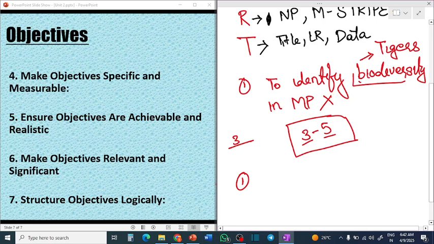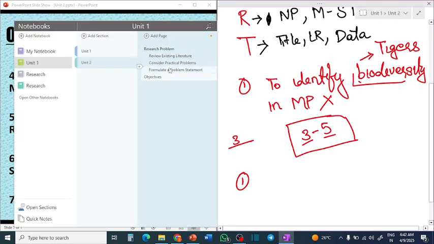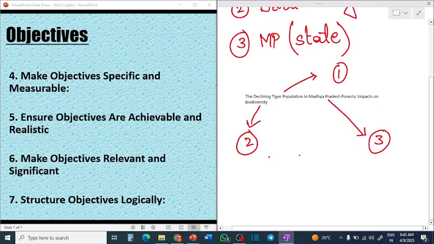When we are studying research, we have to structure the objectives in a correct logic. In this we are studying the declining tiger population in Madhya Pradesh forests and its impact on biodiversity. From the title, it is very clear that our most important point is the tiger population.